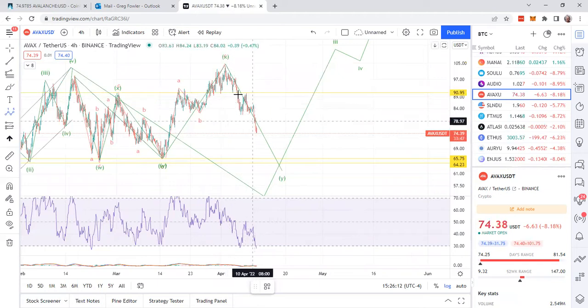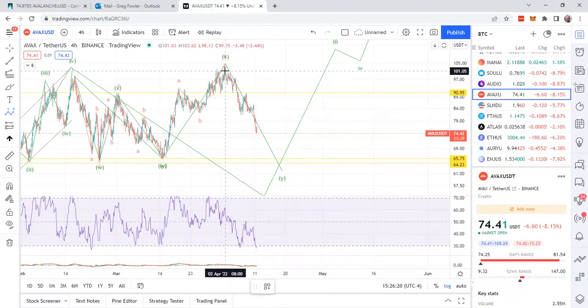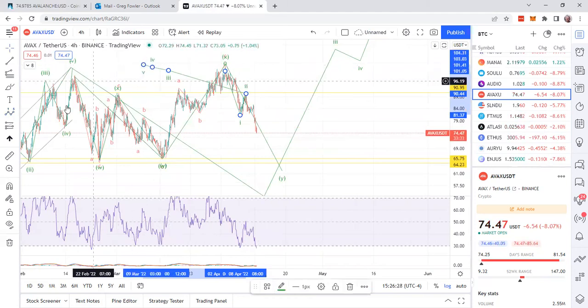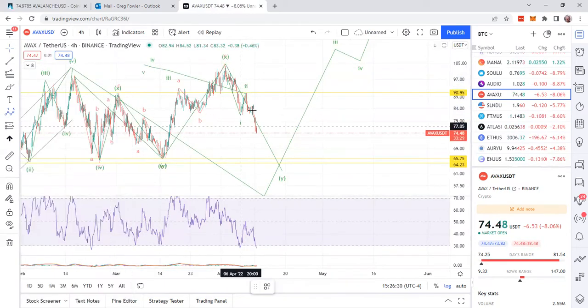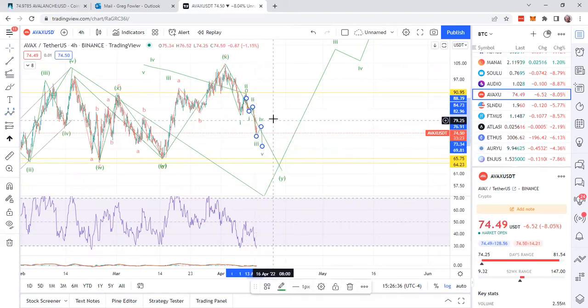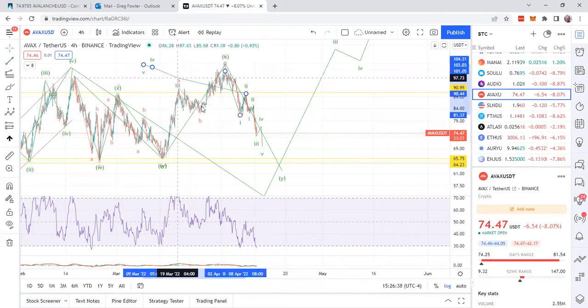So 1, 2, 3, maybe. 1, 2, 3, 4. No, it's going to be something like 1, 1, 2, kind of like that. And then let's see here. This is 1, 2. It's in a 3. It'll pop up for 4, go down for a 5, and then this 3.